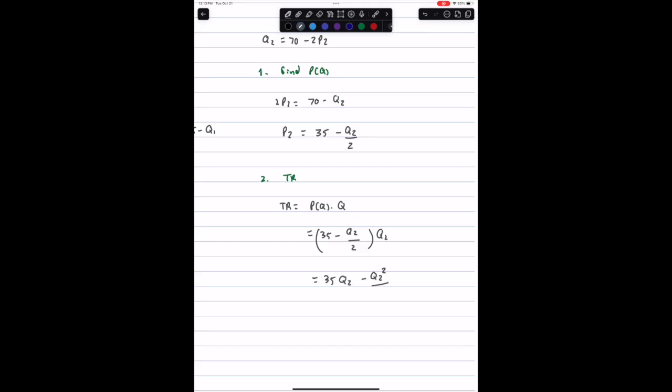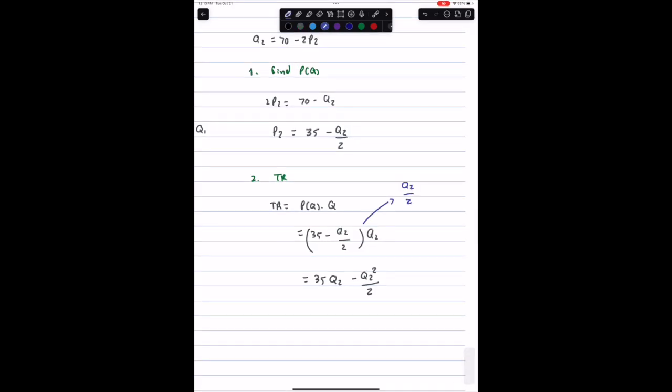If you're wondering how I got the Q2 squared, Q2 times Q2 over 2 is the same as Q2 over 2 times Q2 over 1, which is just equal to Q2 squared over 2, if you were wondering.